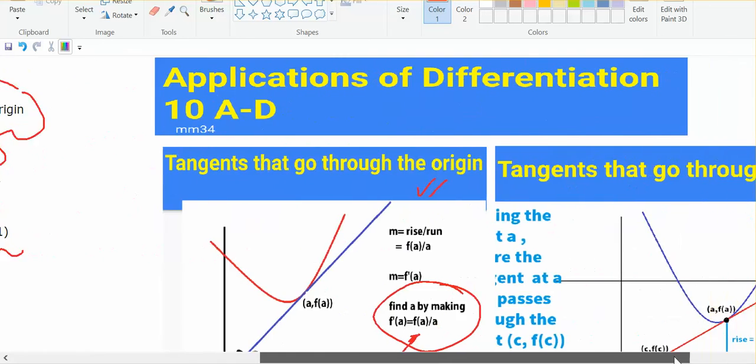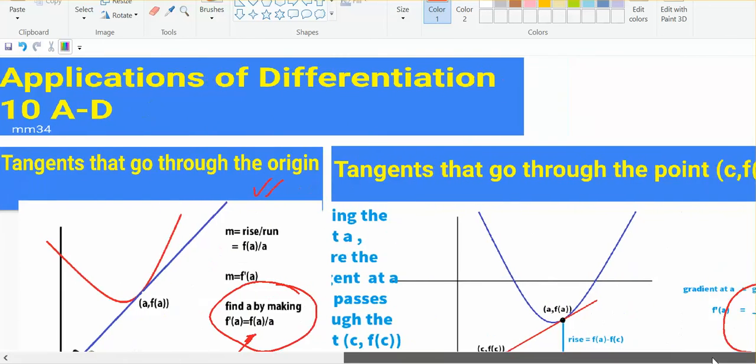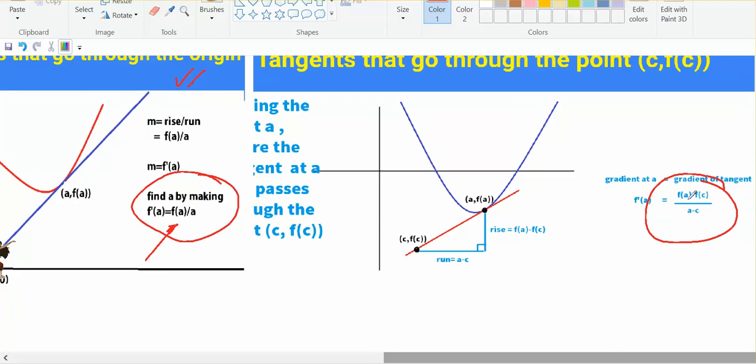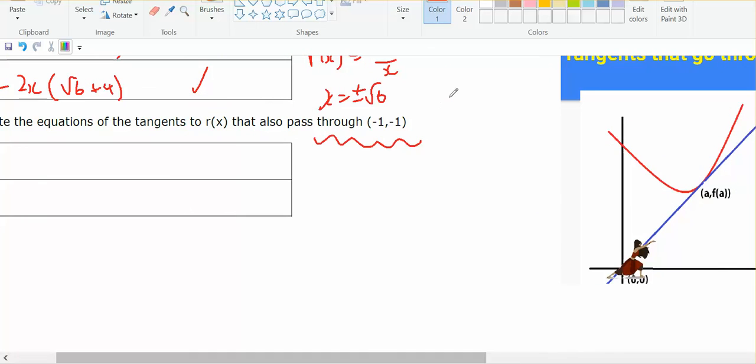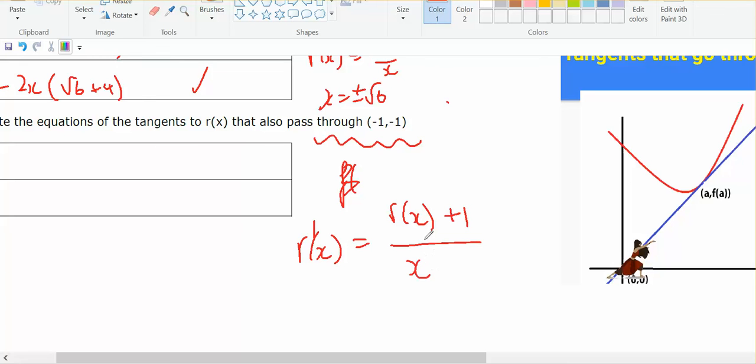The second one is where it goes through the other point. And the rule for that was, opening up my bound book, having a look, f of a minus f of c over a minus c. So it's going through there. So it's going to be r dash of x equals r of x minus 1 plus 1 over x minus 1 plus 1.